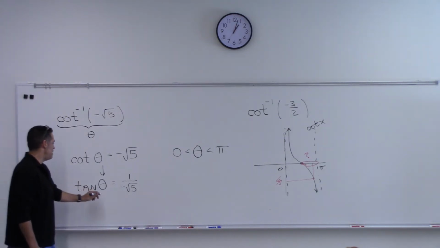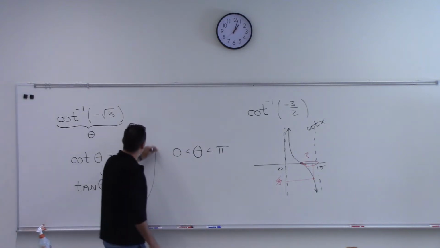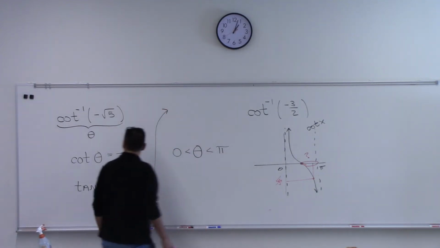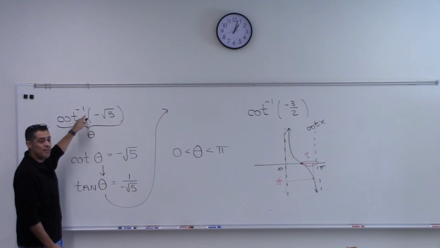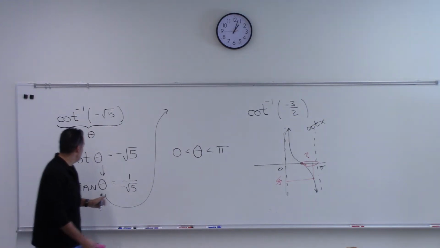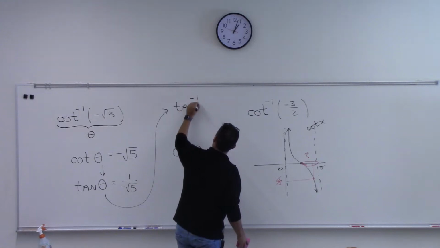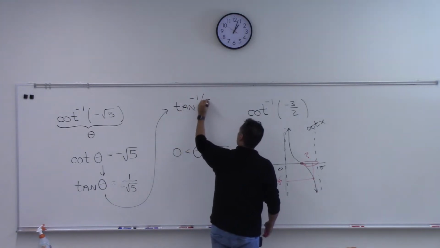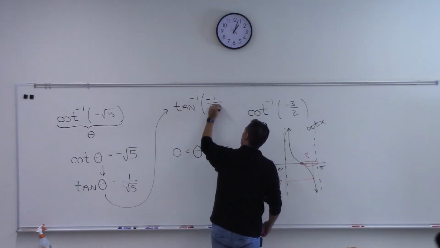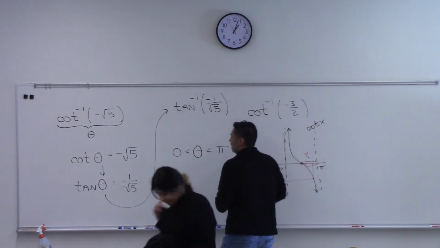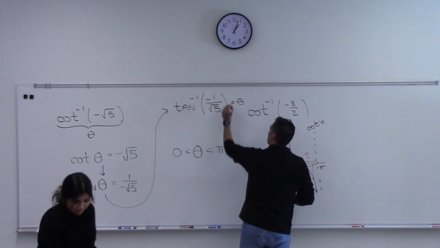Now I can convert this back to an inverse statement by saying that tangent inverse of negative 1 over root 5 is going to be the angle that we're looking for.